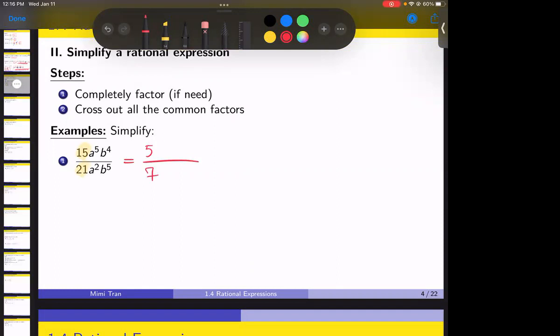I do one thing at a time. Don't try to do all things at once. And then what about a to the 5th and a squared? Very good. And b to the 4th, b to the 5th. Oopsie. Everybody okay?